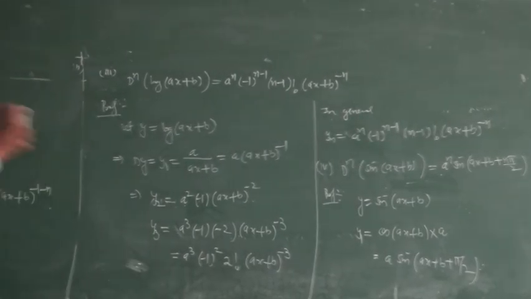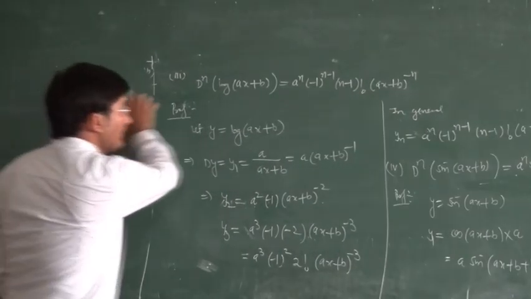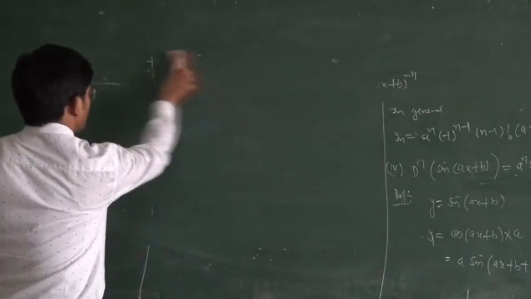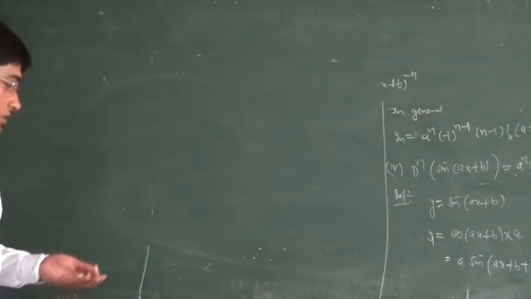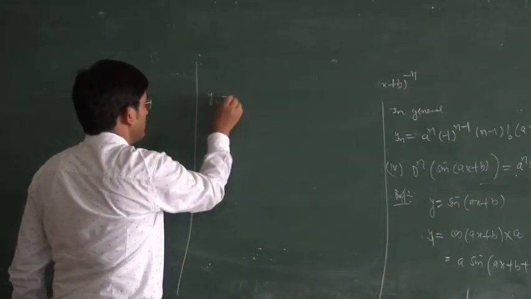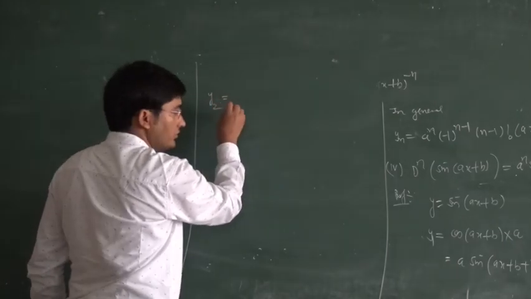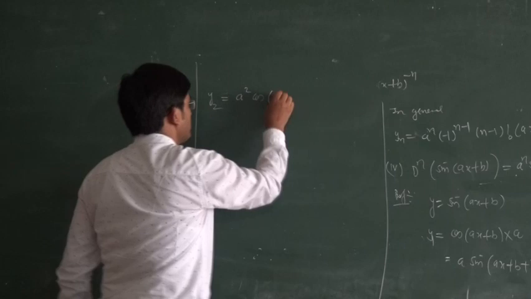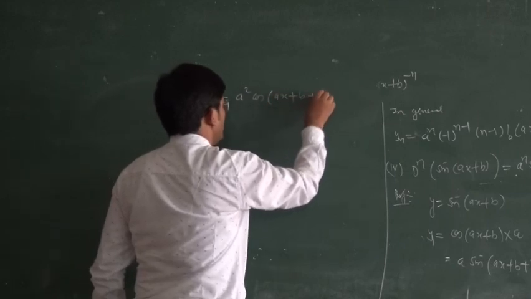Let us compute its higher order derivative. So our y2, the second order derivative, will be equal to a square, and the differentiation of sin will be cos(ax+b+pi by 2).